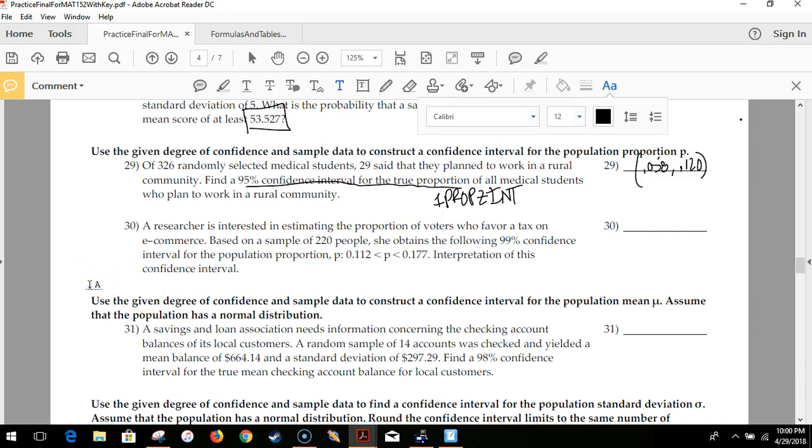And I'm going to attempt to type it. If many different samples of size 220 were selected, and a 99% confidence interval was found.